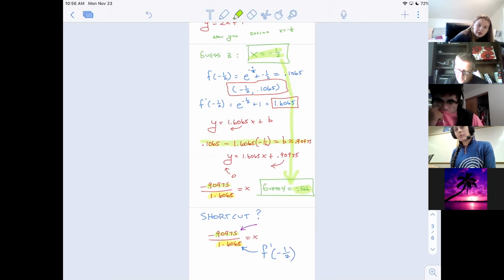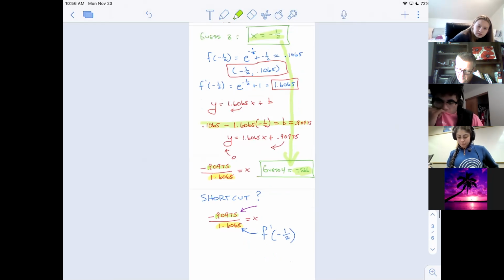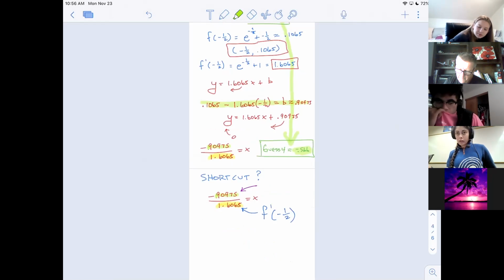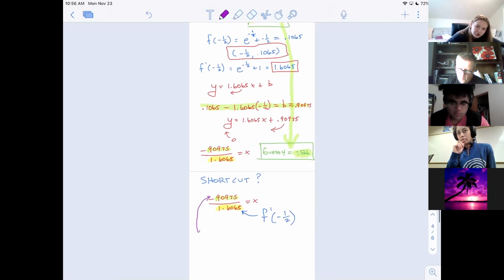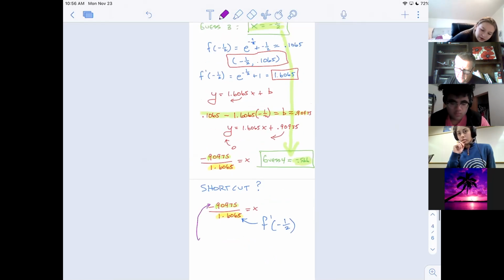So to get 0.90975, we had to take the 0.1065. I'm just trying to give you time to think about this. I obviously already know how to do it, but what was 0.1065?